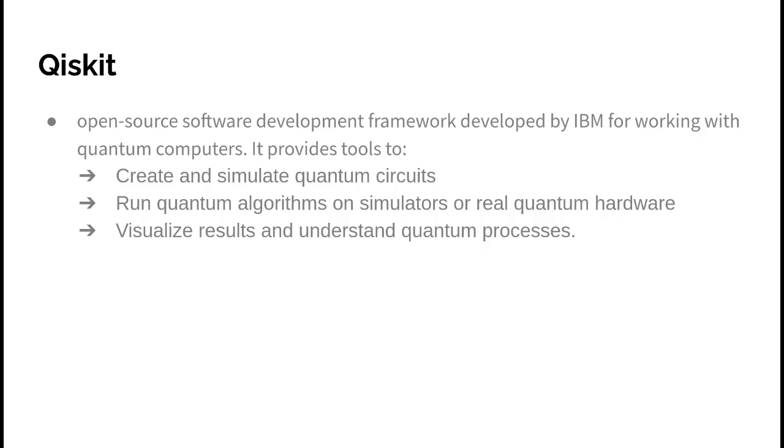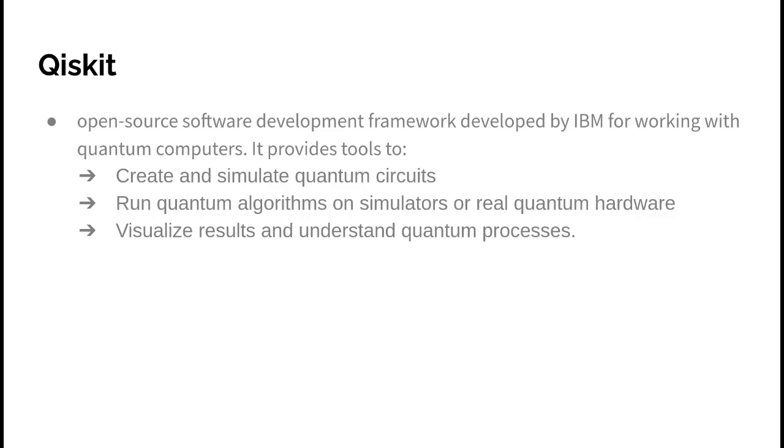I will proceed to show off a demo using the Qiskit open source software development framework, which was developed by IBM, and it allows you to work with quantum computers. Qiskit provides tools to create and simulate quantum circuits, which, like I said, are kind of like logic circuits but for qubits, and run quantum algorithms on simulators or real quantum hardware.